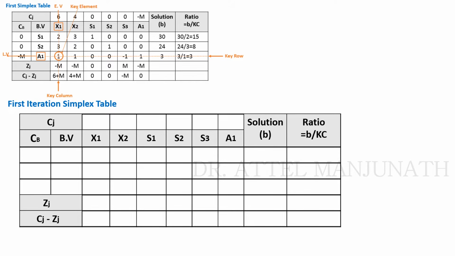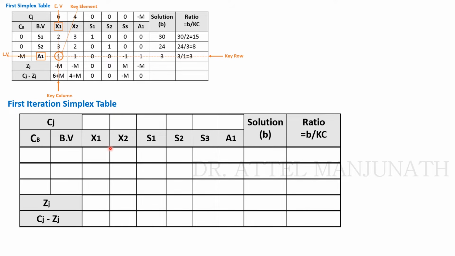So we'll take the reference from the first simplex table, and we will solve the first iteration of the simplex table by the big M method. In the previous table the key element was 1. Before we write the coefficients for the artificial variables, first we write the entering variable and leaving variable.